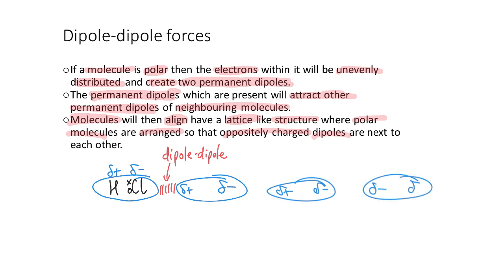This one's a positive, that one's a negative, and then even underneath it, this will be the positive end and this will be the negative end, because you can even have dipoles on this side as well. These molecules will arrange themselves and form attraction to each other. They'll form this nice little lattice structure with different shaped molecules. They can look a little bit funny, but they still form a lattice where the positive and negative ends are attracted to each other and aligned next to each other.